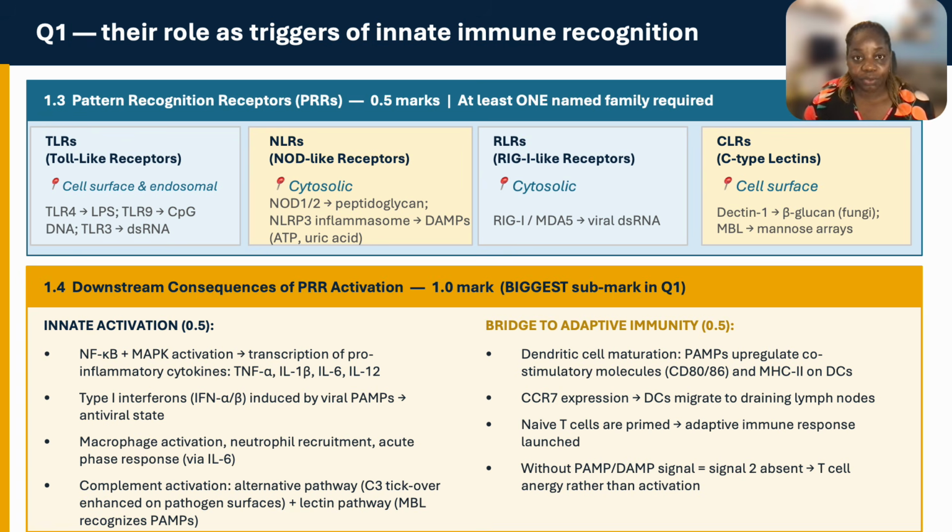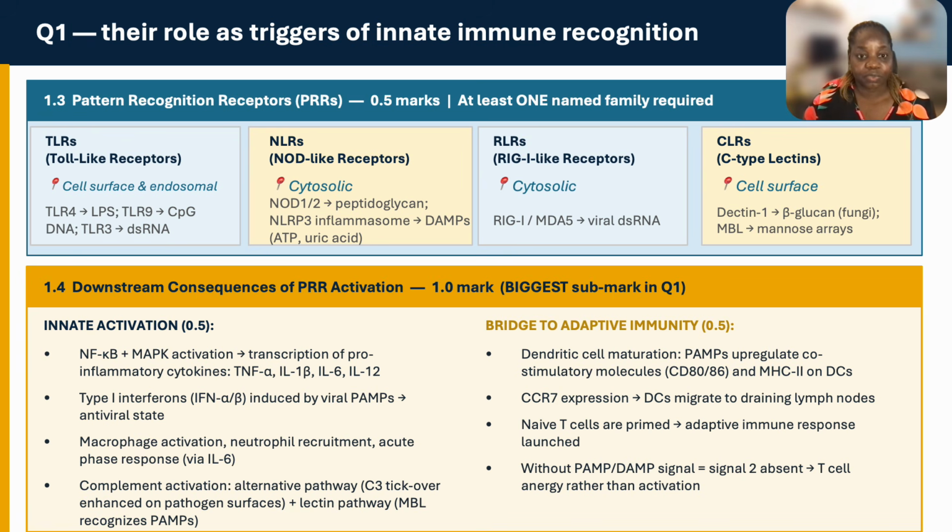So the first thing required here is to name at least one of the pattern recognition receptor, the PRR families, for 0.5 marks. You can see on the screen the 4 major families listed. You have toll-like receptors, NOD-like receptors, RIG-I-like receptors, and C-type lectin receptors, as well as their location on the cells.